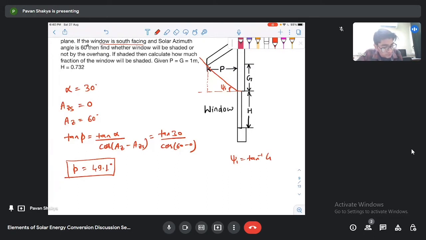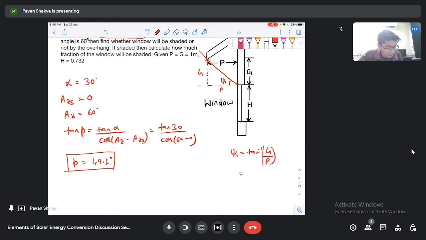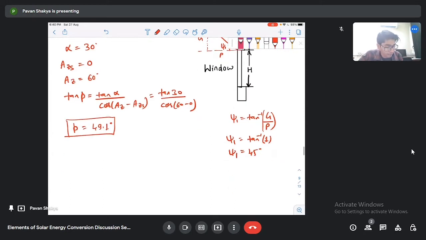This distance will be g and this distance will be equal to p, which is given in the problem. When you put these values, g and p are both given equal, so the ratio will be 1, and you will find that this psi 1 comes out to be 45 degrees.